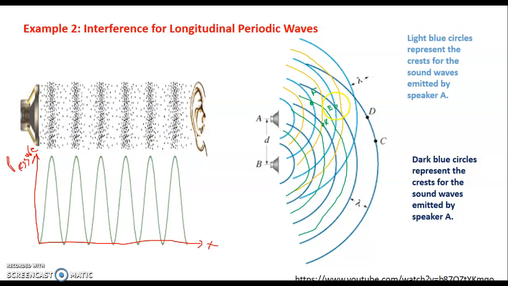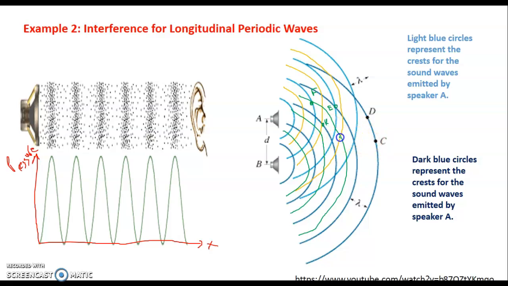E is the intersection of two crests, the intersection of two blue ripples, which represent the crests for each speaker. So this is constructive interference. K is the intersection of a crest and a trough. The orange one is the trough and the blue is the crest. So this is destructive interference.